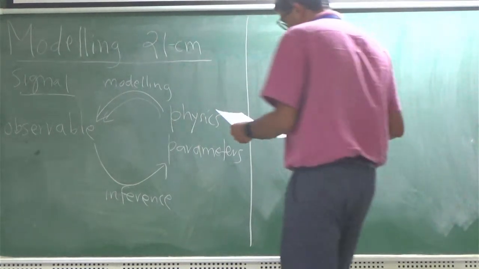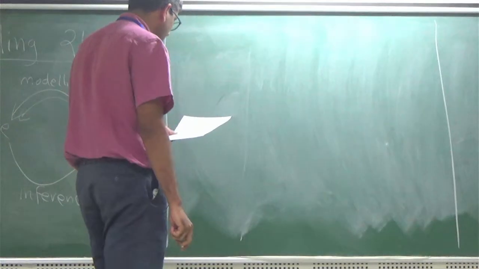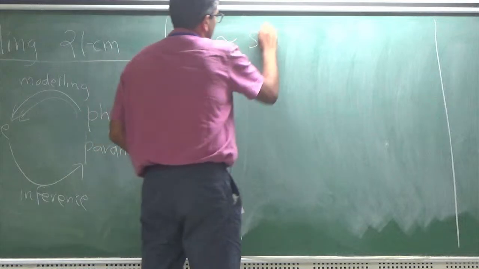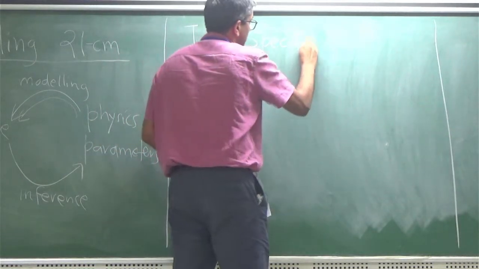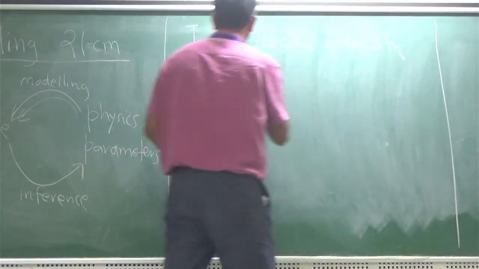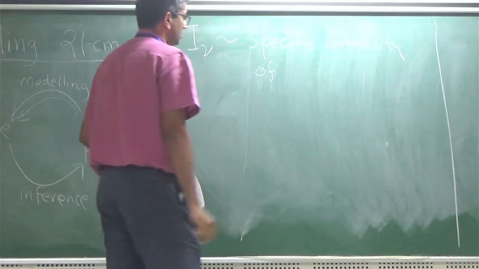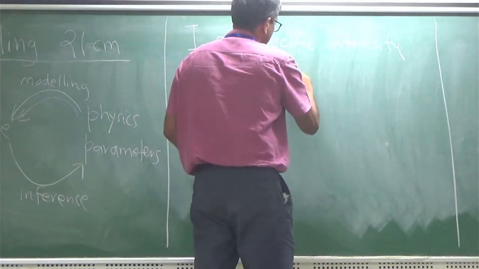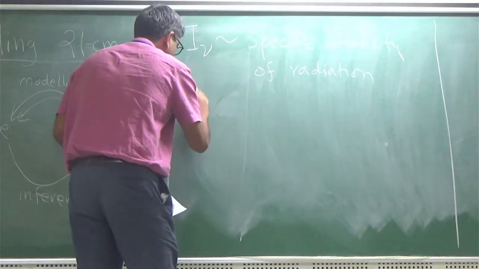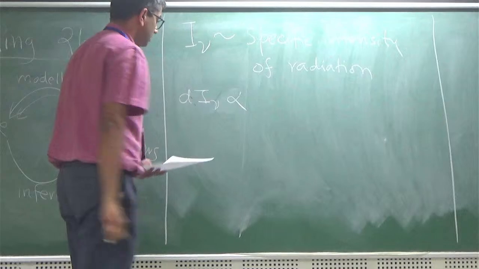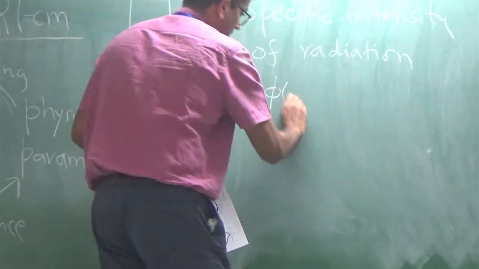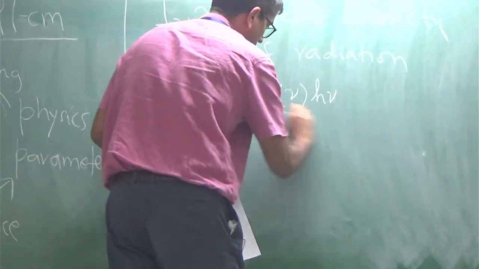So just to set up some of the things, we have I nu, which is the specific intensity of radiation. Then we have, for the 21 centimeter case, the basic radiative transfer equation, right?